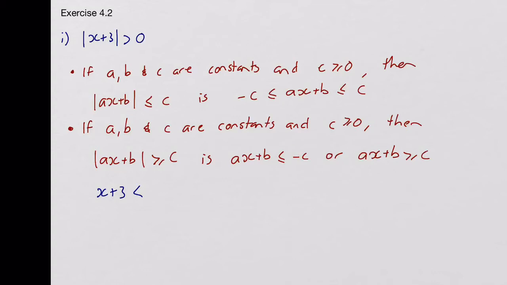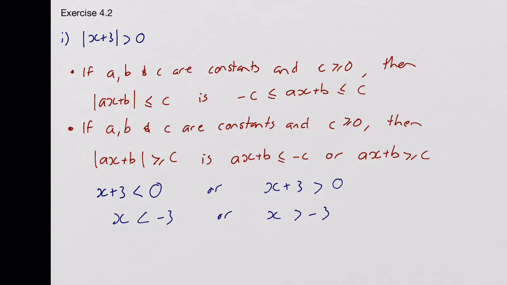Negative the constant, in this case obviously negative 0 is 0. And then for the positive side, we would say that x plus 3 is greater than 0. So x less than negative 3 or x greater than negative 3.